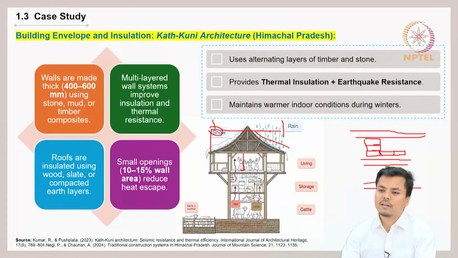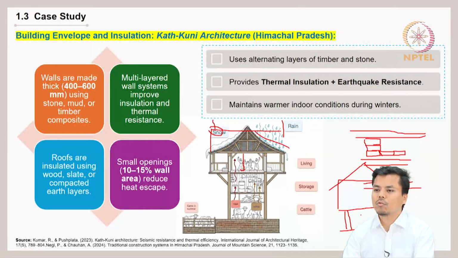Also you will find similar techniques being used in buildings in the northeast region, where the structure is elevated. There the structures are built on stilts. You will find stilts like this built on the ground, and then the entire house is built on top. Somewhere here you will find the prevalence of pitch roofs, and these low spaces act for multiple purposes.